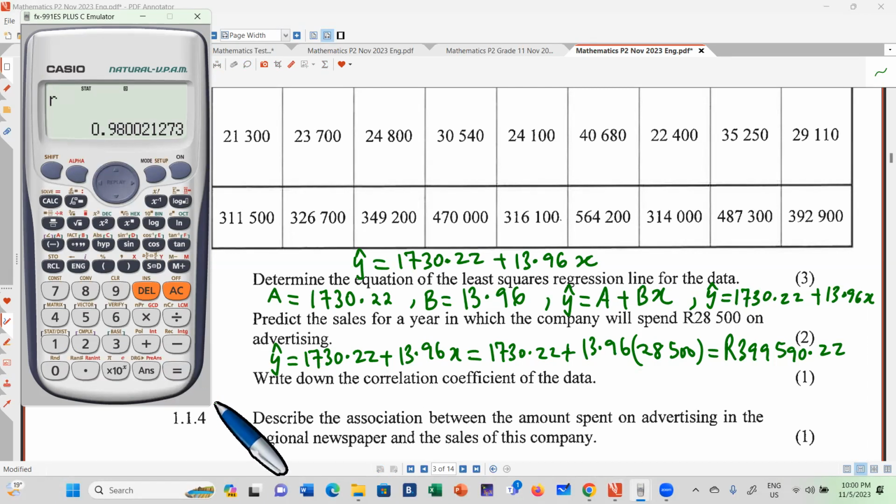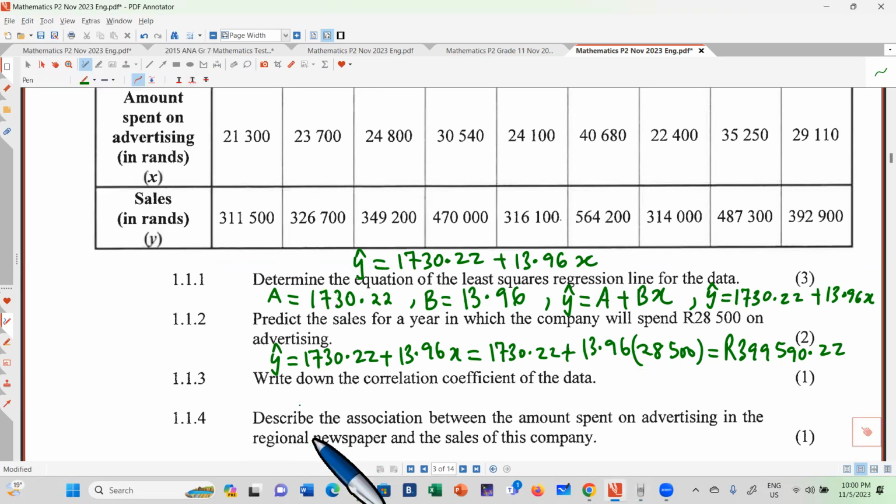Right, we can see that the correlation coefficient required is R equals 0.98002. So that is the correlation coefficient that is required.